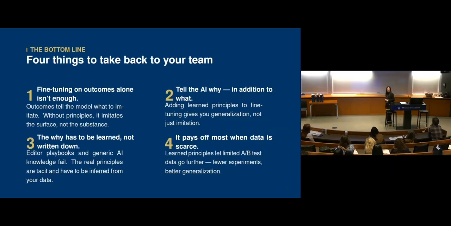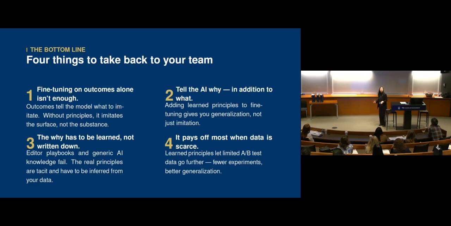Okay, so four things. First is that if you directly fine-tune on outcomes, that is not enough, because the process is silent on the knowledge the LLM should learn, but you didn't tell it. And the other thing is that we have to tell the AI why certain things work better than others, in addition to what. And the why has to be learned.